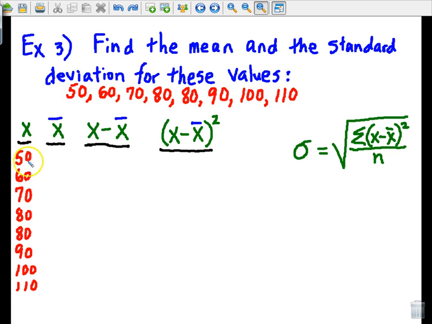Remember, that's adding them all up and dividing by the number of numbers, and there's 8 numbers in this case. And you should get an average or a mean of 80. Now, 80 should really fill up this whole column, but I'm not expecting you to write the number 80 8 times. I usually just write it once and then show that I'm going to fill that whole column with the number 80.